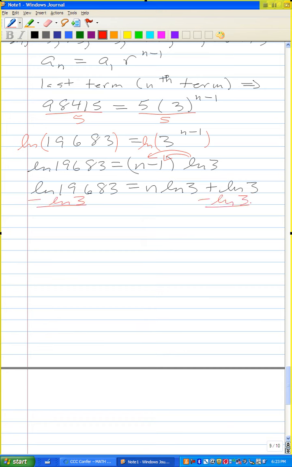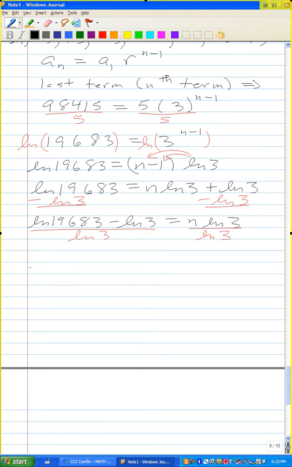And so I get ln 19,683 minus ln 3 equals n ln 3.